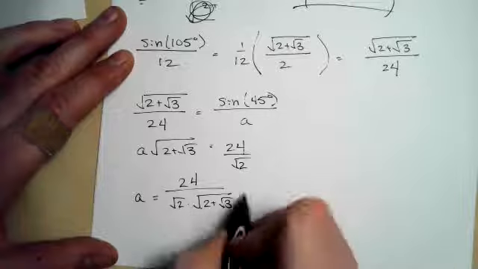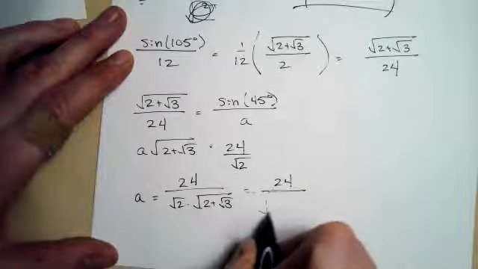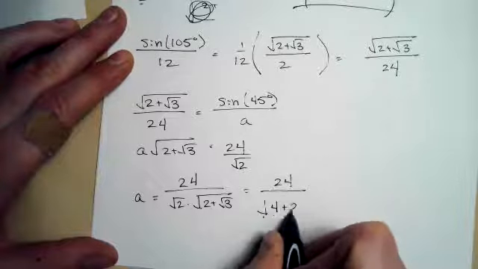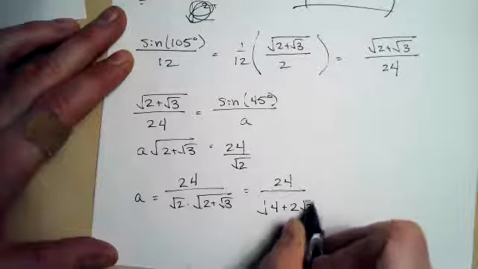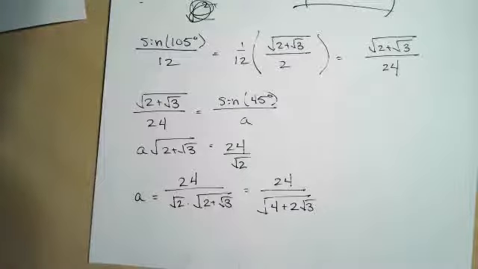And then how do we simplify that? We can bring in that 2 under that square root and distribute it. I will warn you, some of these square roots do get a little tricky, and some of them could be a little tricky on the quiz.